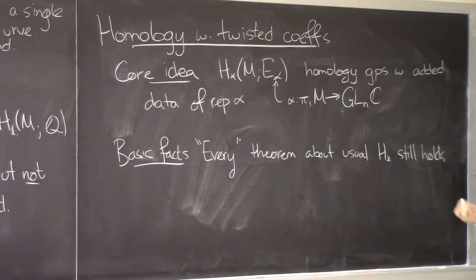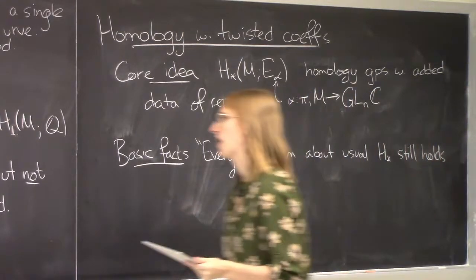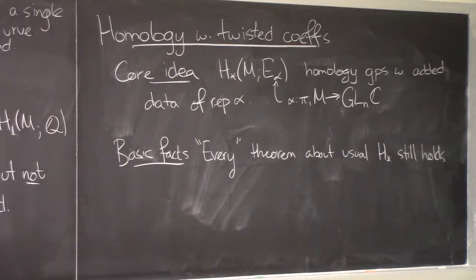And what do I mean by this? So universal coefficient theorem, Poincare duality, long exact sequence for pairs. There are some pretty big asterisks next to some of those, but for the most part, I'm just going to treat those as everything still works here. I can still compute this in some of the same ways that I would normal homology. And in particular, every theorem here encompasses this one of Friedl and Kim.